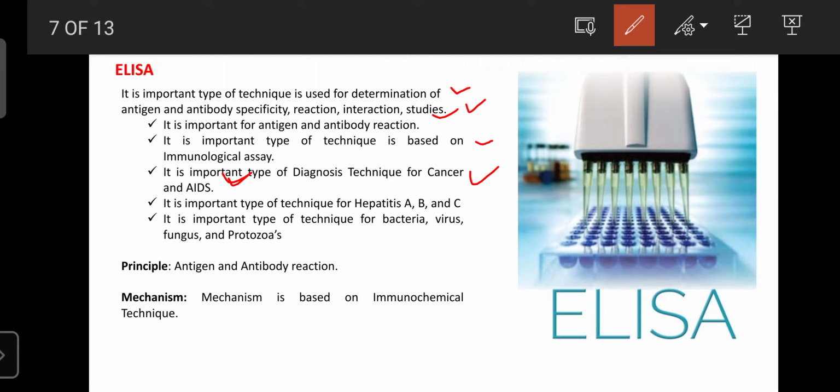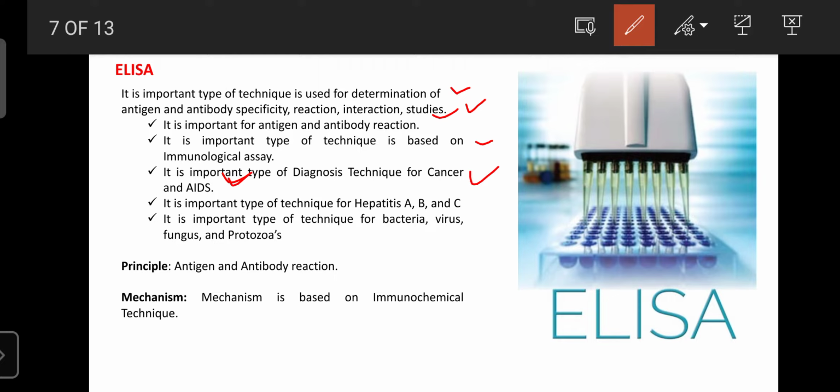With the help of the ELISA, doctors or scientists can identify which enzyme or which targeting molecule, because every enzyme is a protein, so they target that molecule, which is helpful for the diagnosis or the identification of new drugs for the treatment of cancer.